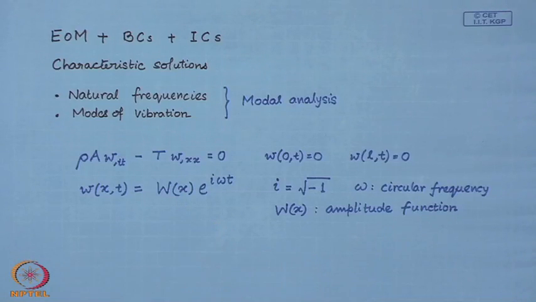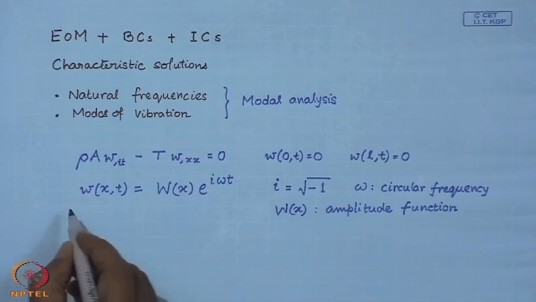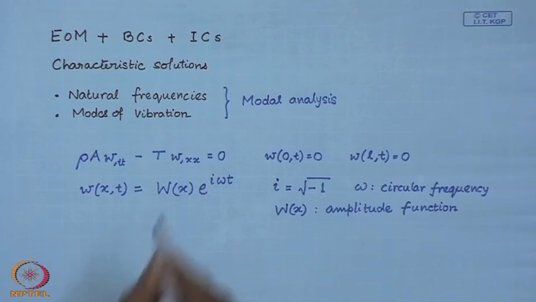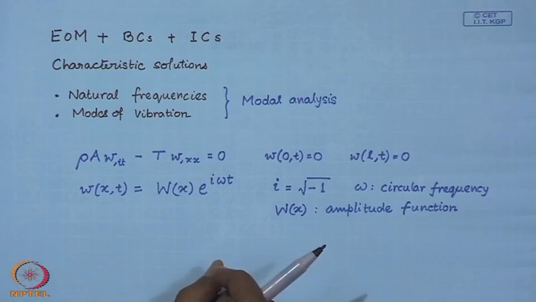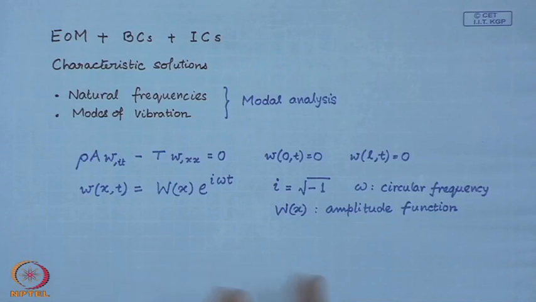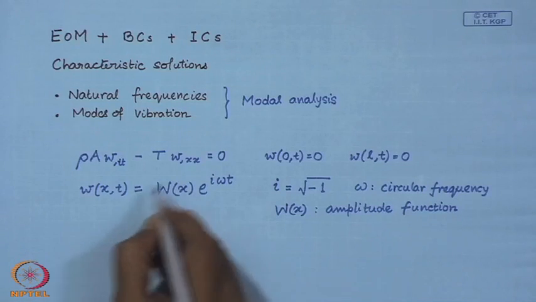For the time being, we introduce this complex solution structure, and we say that, because our equation and the boundary conditions are all real, the actual solution will be obtained by taking either the real part of this quantity, or the imaginary part of this quantity, or a linear combination of the real and imaginary parts.